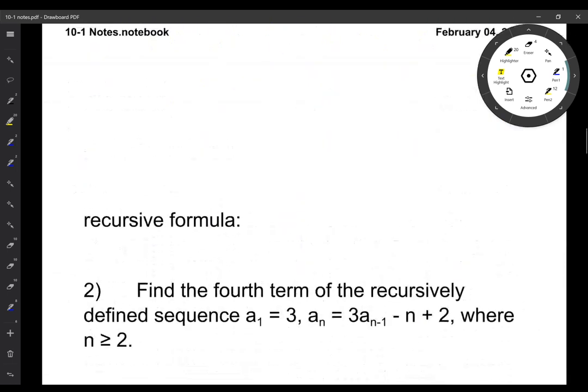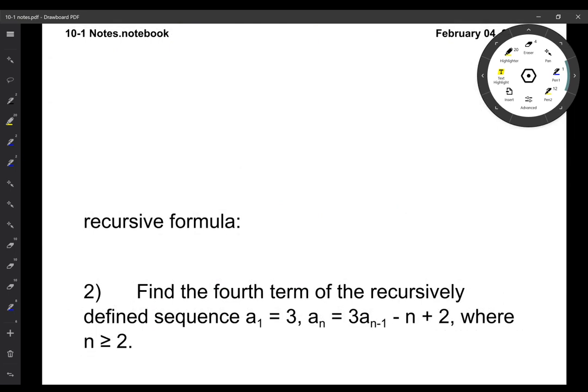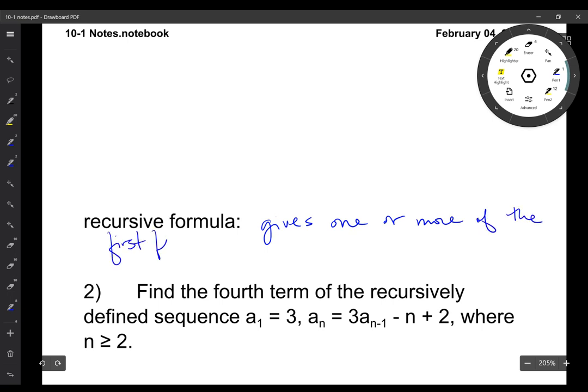So a recursive formula gives one or more of the first few terms and defines each new term using previous ones.